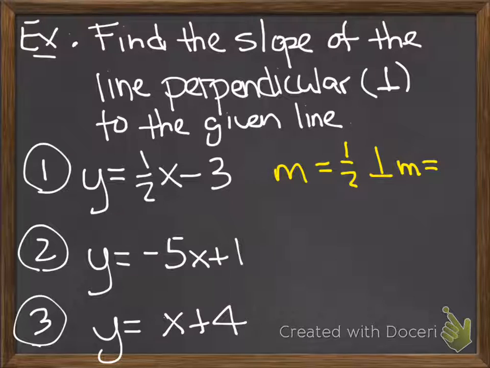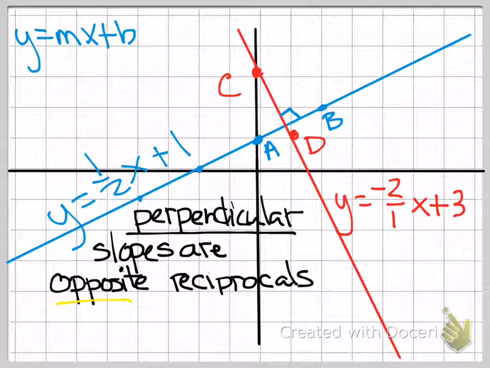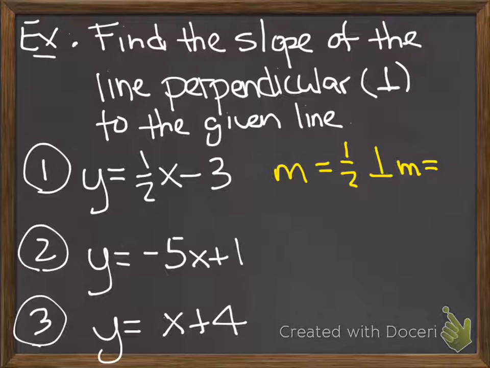Therefore, what's our perpendicular slope going to be? Remember, you guys told me that it's opposite and it's reciprocal. Just like Kelsey said, they flipped it. 1/2 became negative 2 over 1. You got it.